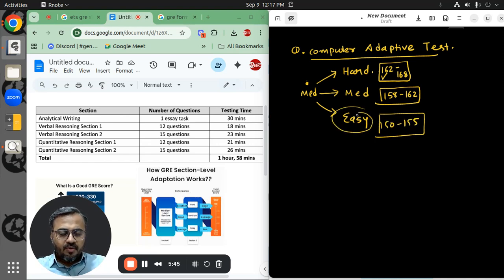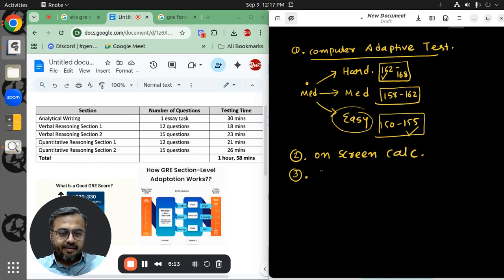So even if you get everything correct in the easier section, your score will not be more than 155. This is the most important feature of the GRE test, which is providing a level playing ground to all the students.